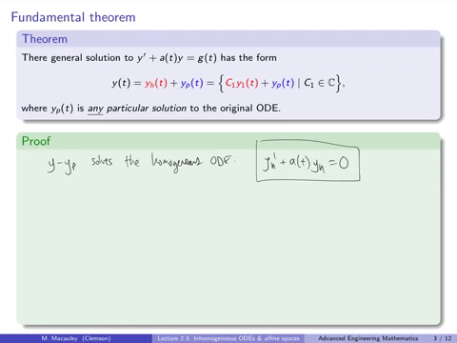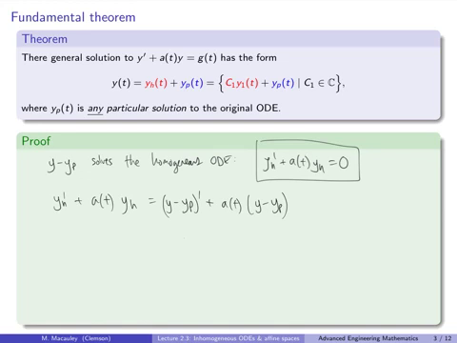So why is that? Or how are we going to check that? To check that, we need to take the derivative and plug it in for yh. So yh prime plus a of t yh equals, so yh prime is y minus yp prime plus a of t yh is y minus yp.